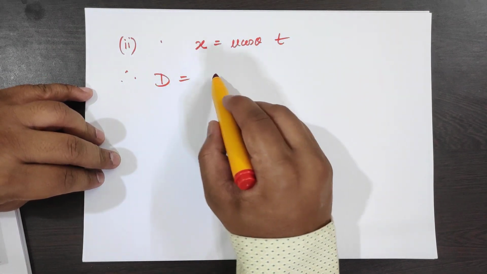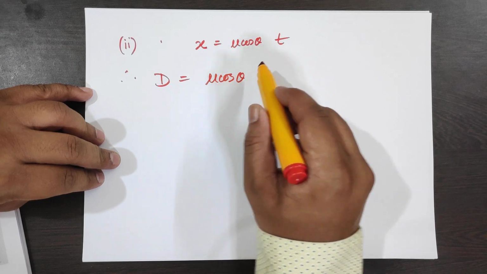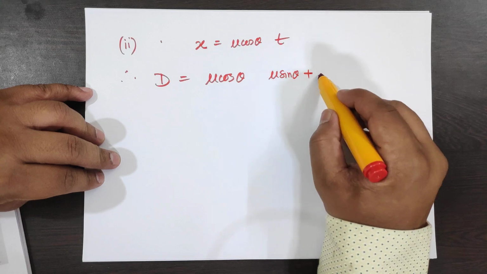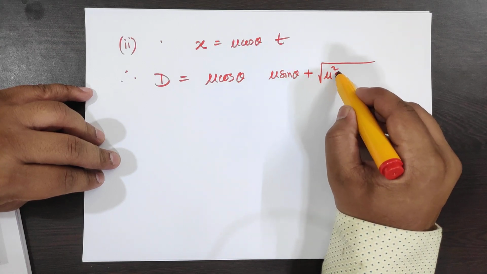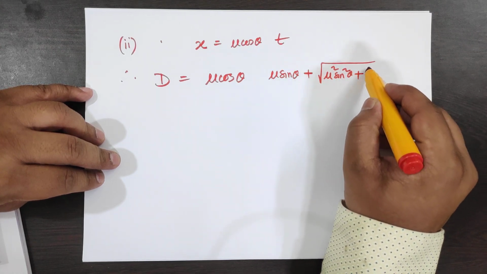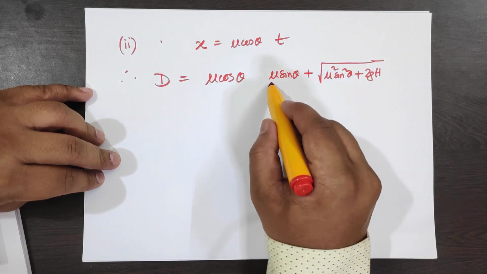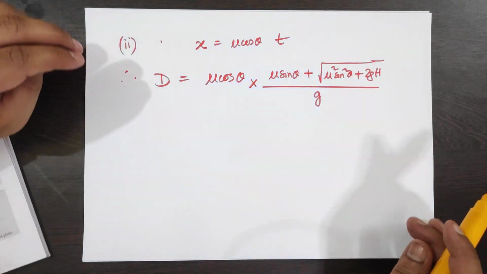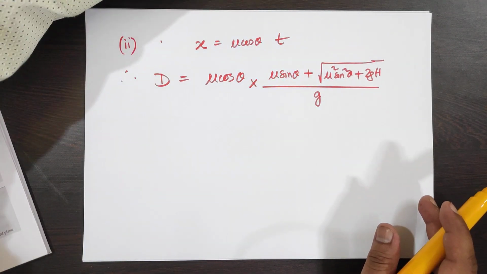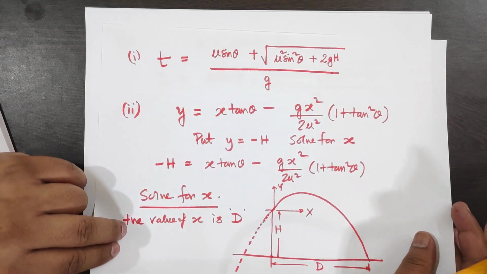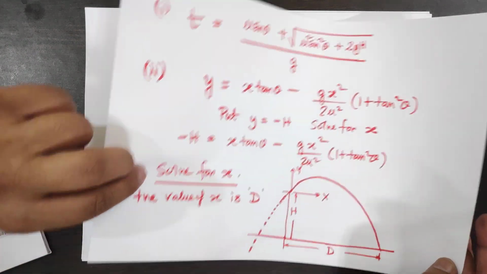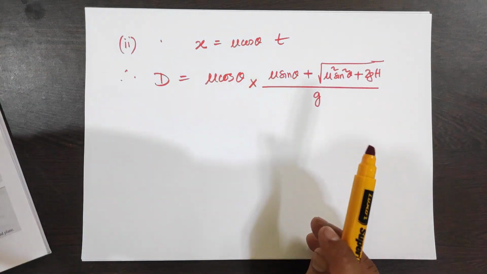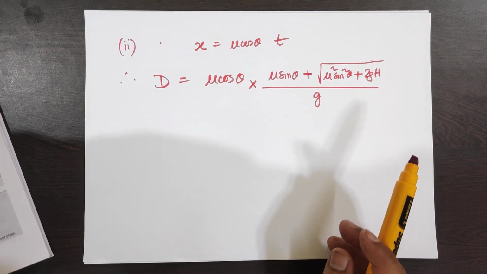So therefore d equal to u cos theta times t. In part 1 we have found out the time it takes to reach ground, multiply the x component of velocity with it. Anyway, there is no acceleration in the x axis.